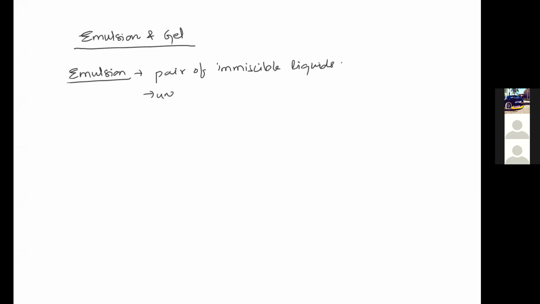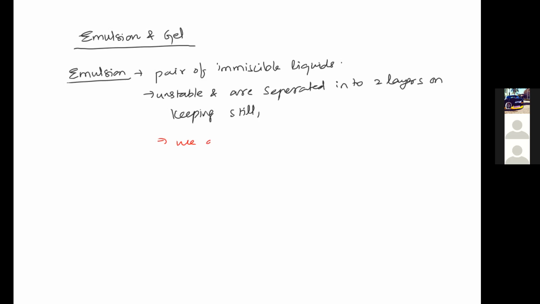Emulsions are unstable and separate into two layers on keeping still. We add an emulsifying agent to stabilize the emulsion.